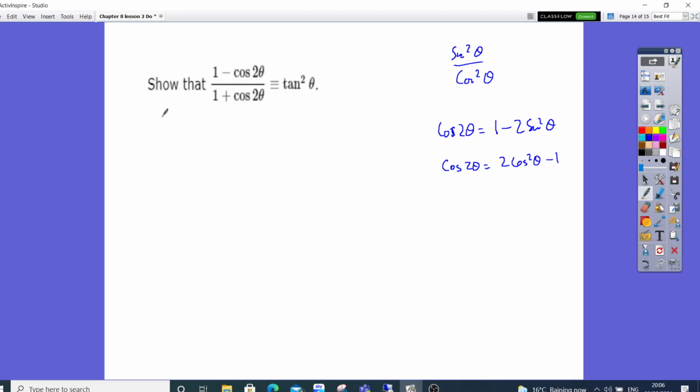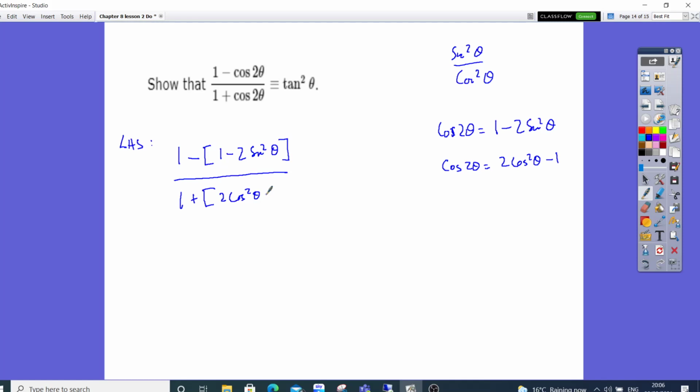So if I start with the left hand side, I'll get 1 minus bracket. I'm replacing cos 2 theta with this one, which is going to give me 1 minus 2 sine squared theta. And on the bottom, I'm going to get 1 plus, and I'm going to replace the cos 2 theta with 2 cos squared theta minus 1.